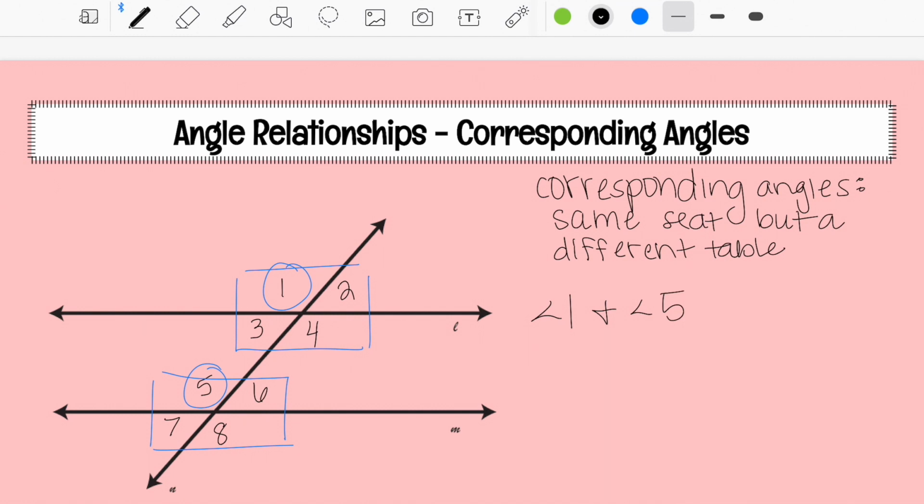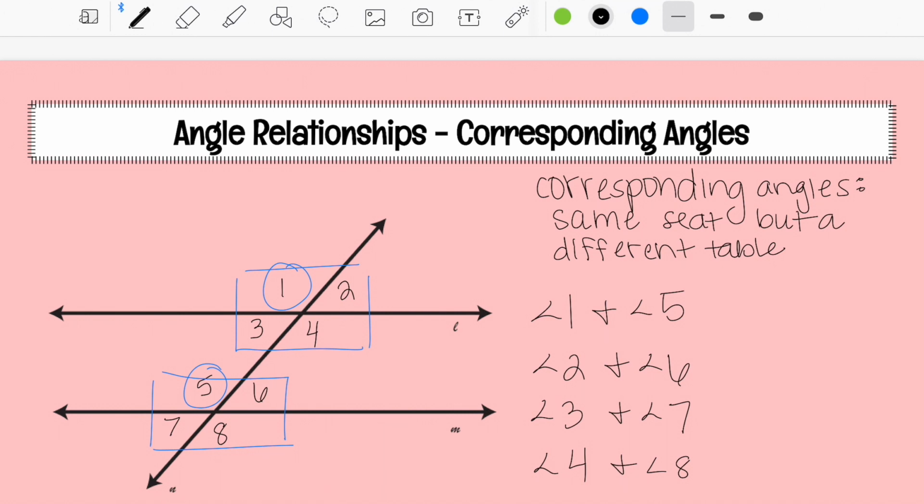At this moment, I want you to pause the video and attempt to label the other 3 pairs of corresponding angles. All right, I hope that you got angle 2 and angle 6, angle 3 and angle 7, and then angle 4 and angle 8.